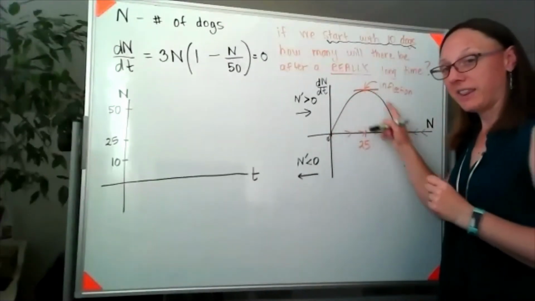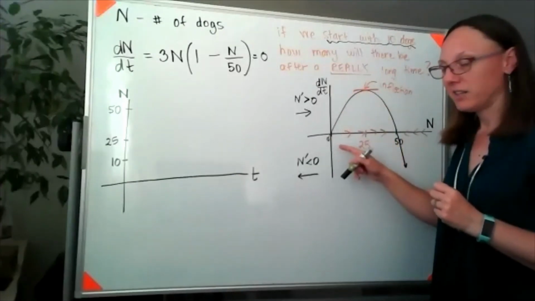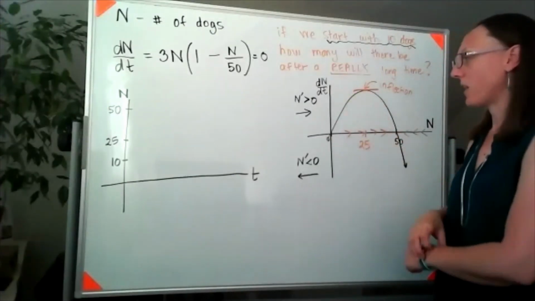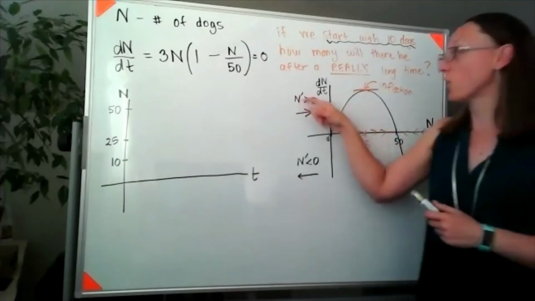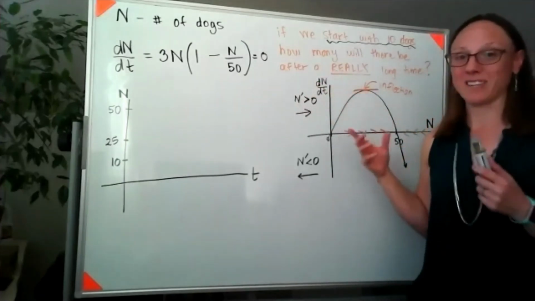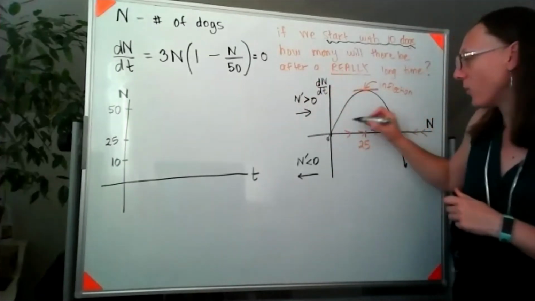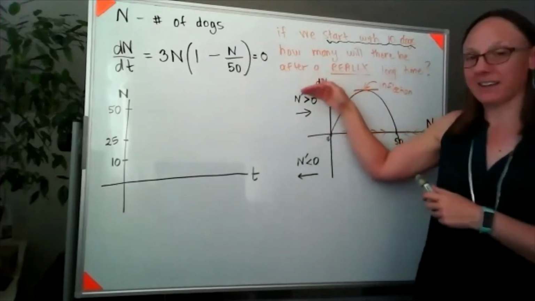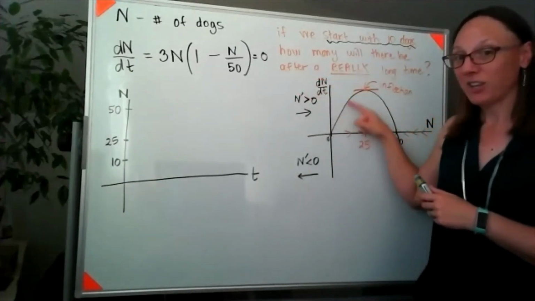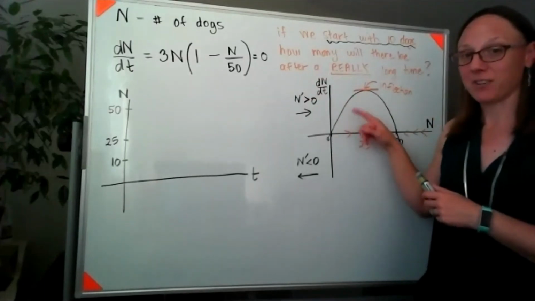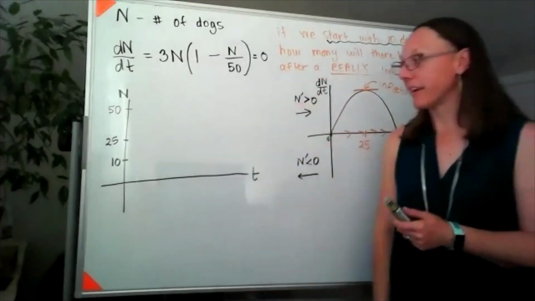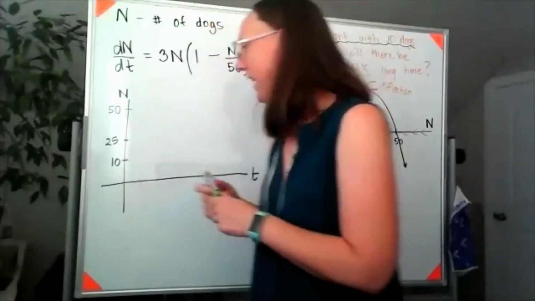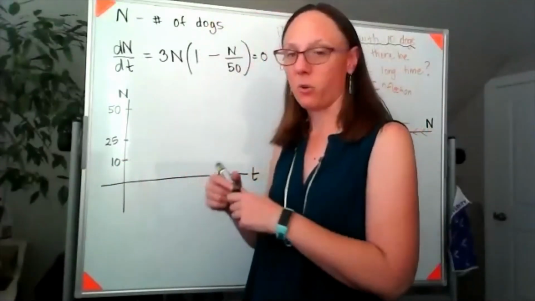So this right here is a graph that's telling me something about my slope, because it's telling me about dn dt. And I know everywhere in here, again, because I'm above the axis, I've got positive slope. So when I come over here, I know that when I start at 10, I need to start with a positive slope.